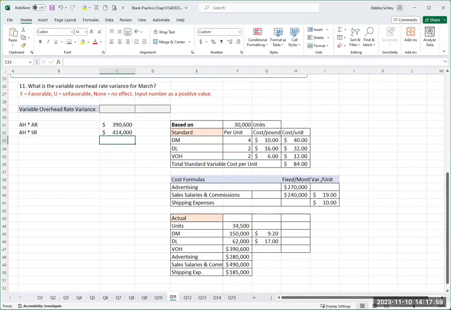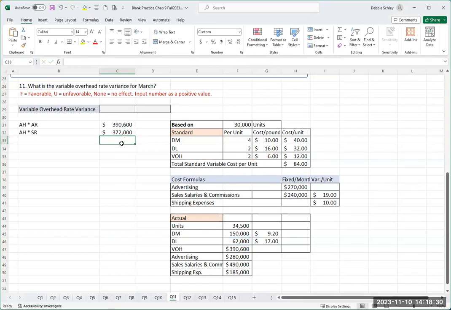No, that's wrong. Oh, I see why it's wrong. Let's try that again. Delete that. Okay, so this one is going to be variable overhead is based on direct labor hours. So the actual direct labor hours times the standard variable overhead rate per hour. Okay, there we go. That helps me.